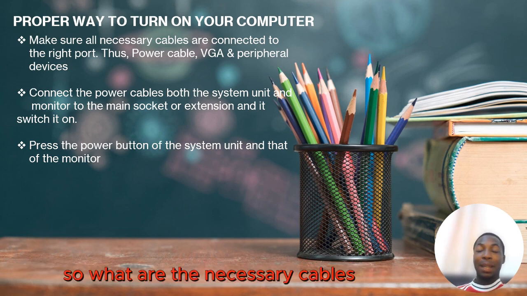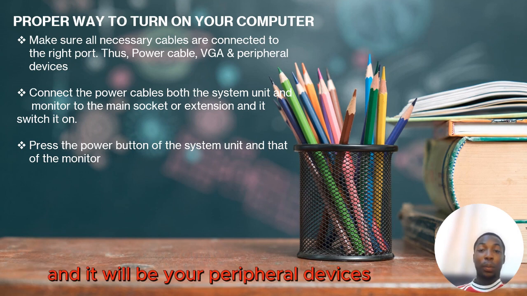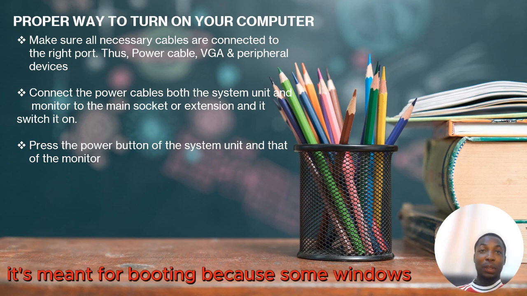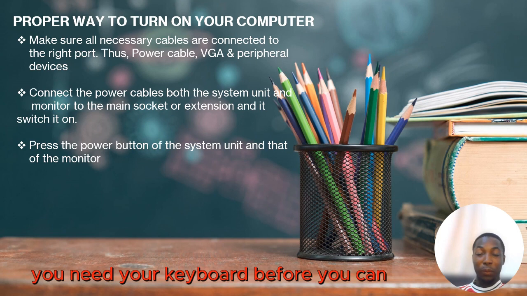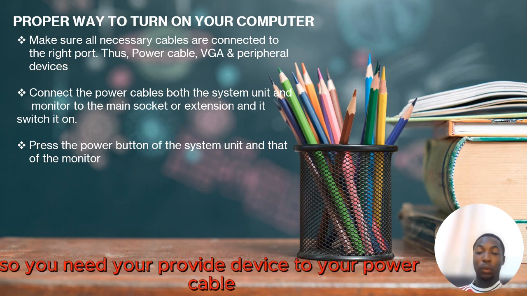So what are the necessary cables? It will be your power cable, your VGA cable, and your peripheral devices. The keyboard is needed for booting, because on some Windows you need your keyboard before you can start the proper Windows or boot it properly. So you need your peripheral devices.